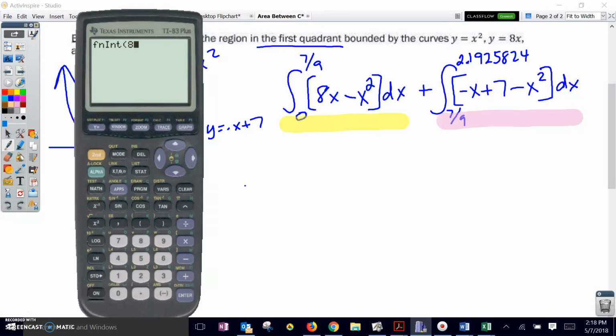So we'll take the integral of 8x minus x squared, oops, missed my x squared, from 0 to 7/9, plus the integral of negative x plus 7 minus x squared from 7/9 to 2.1925824.